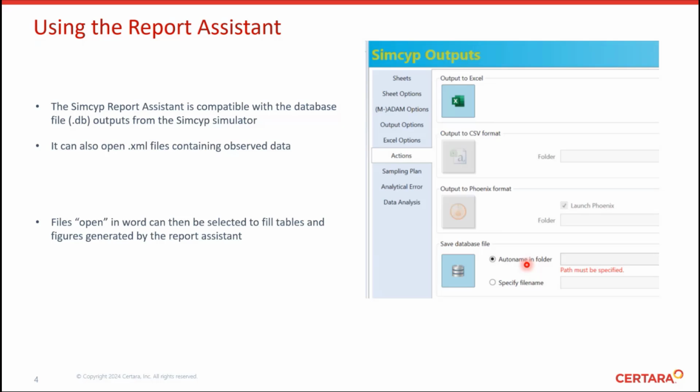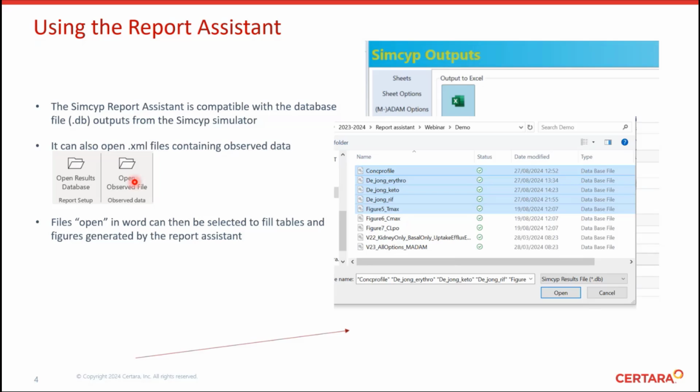Once those files are opened within Word, they can be selected and they'll fill the tables and figures of the templates in Report Assistant. What you'd see is this little open results database or open observed files. It'll open your file explorer and then you'll have all of your databases here and you can upload as many as you like.